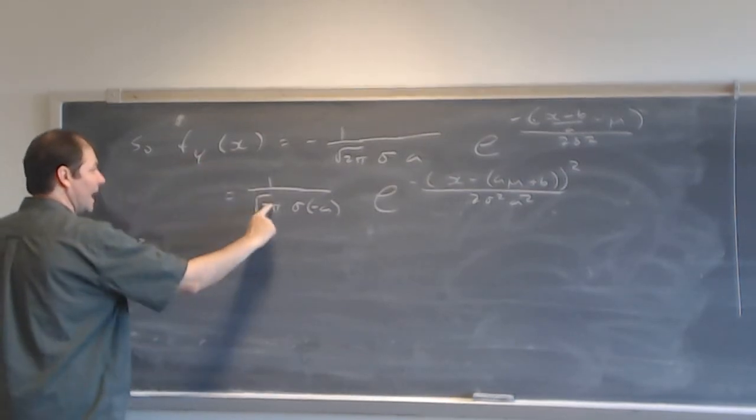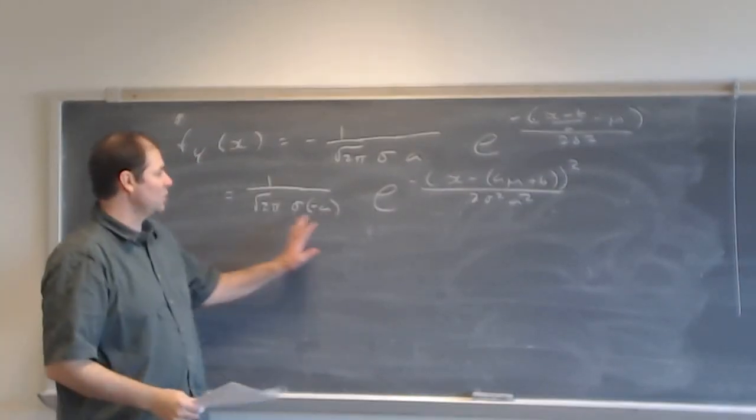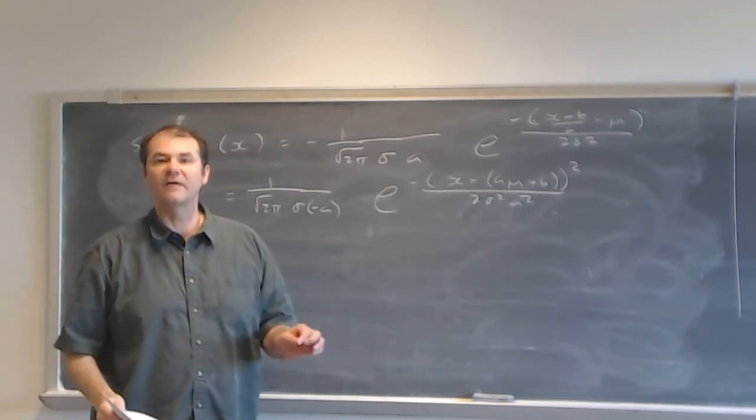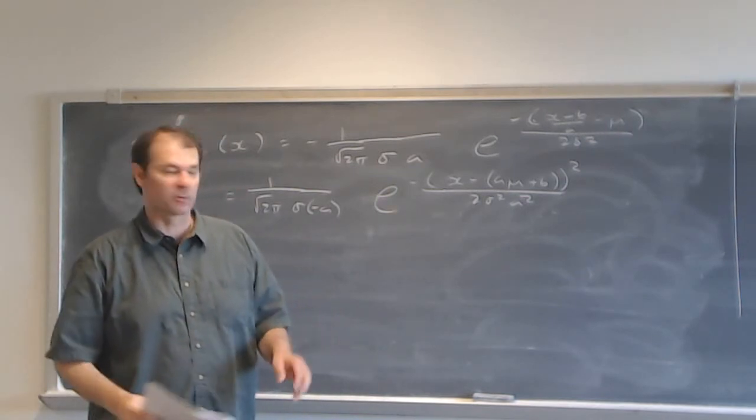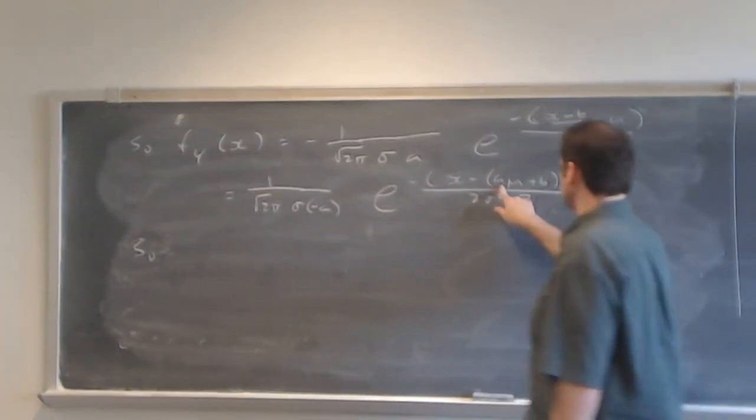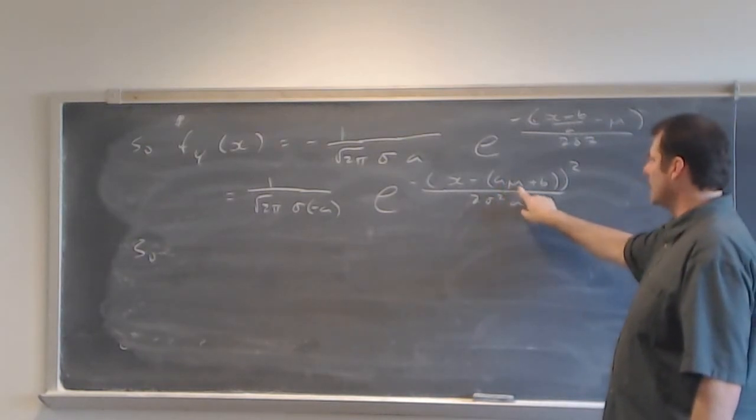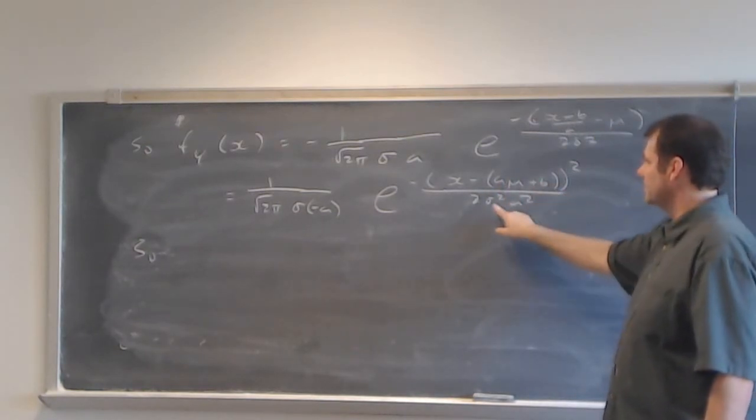This is my PDF of y, and if you look at it, it has the exact right form of a PDF of a normally distributed random variable whose parameters are a times mu plus b and sigma squared a squared.